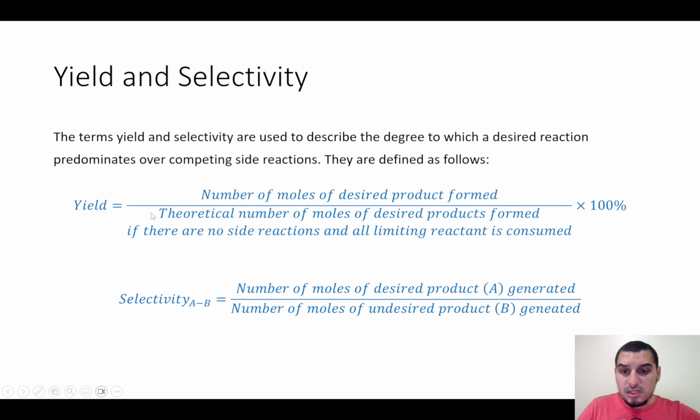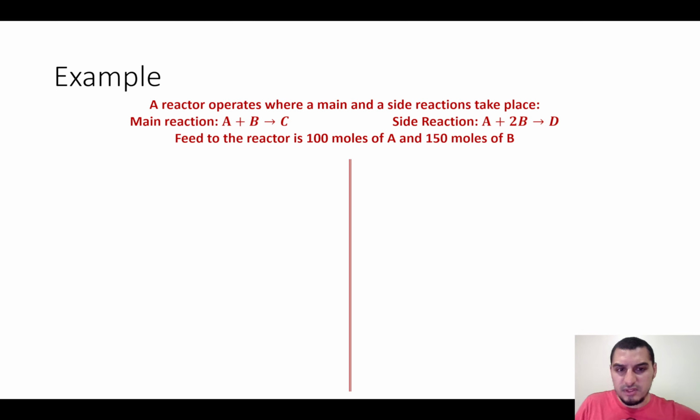And this theoretical number of moles is calculated with two assumptions: that there are no side reactions and that all the limiting reactant is consumed. So it seems like a somewhat difficult definition, but it's not that difficult. We'll just look at this example and things will be very clear.